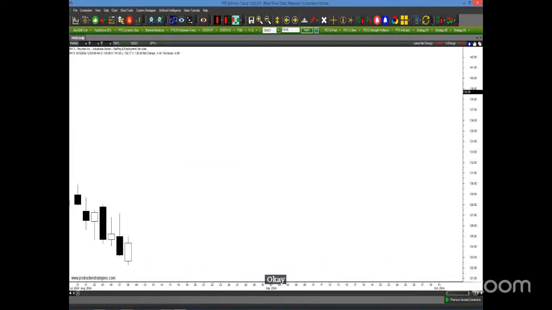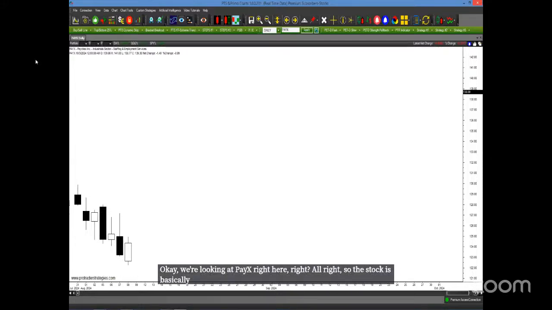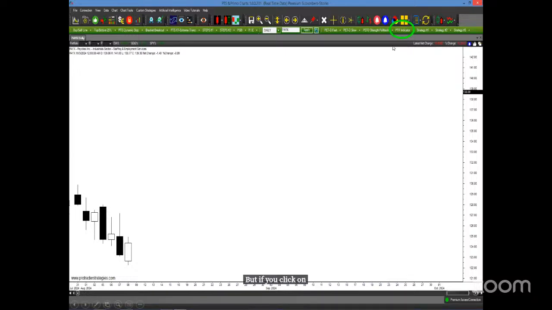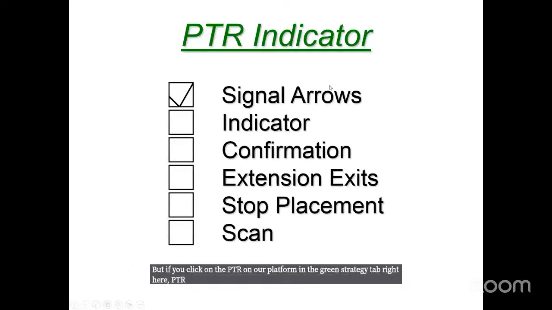Okay, we're looking at PayX right here, right? All right, so the stock is basically kind of going downward to sideways, but it's kind of in a short-term downward mode. So at this point, you probably say to yourself, well, we're in a short-term downtrend. I'm going to wait for a breakout or wait for maybe some type of confirmation that it's going higher. But if you click on the PTR on our platform in the green strategy tab right here, PTR indicator, you'll see this drop-down menu here.